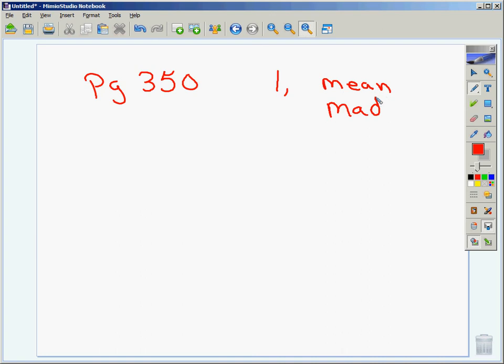So for problem number 1, you're going to find both the mean, which is the average of the original data set, and then you're going to find the MAD, the mean absolute deviation. So you're going to find out the average of how far each one of those points is away from the mean. Okay?